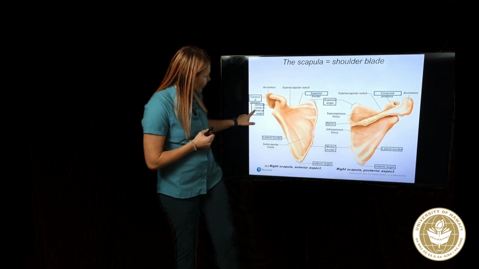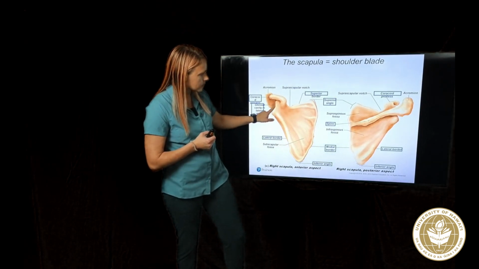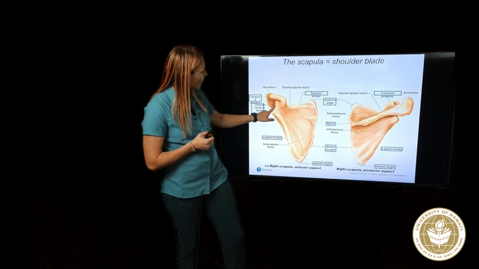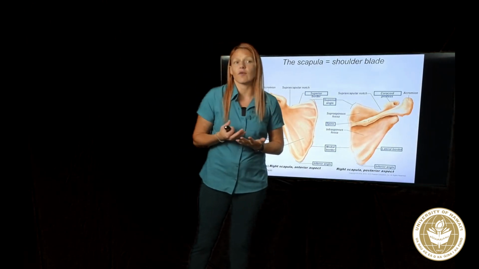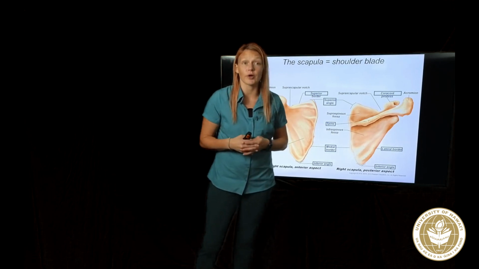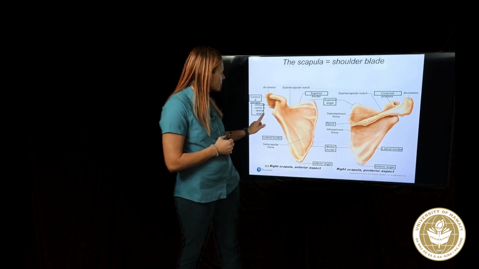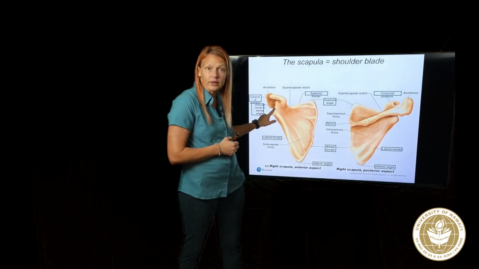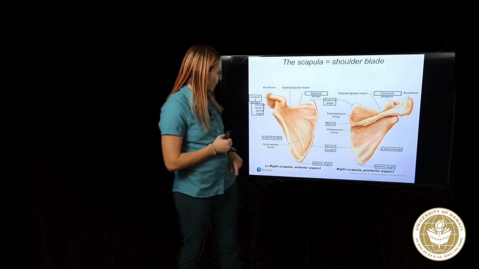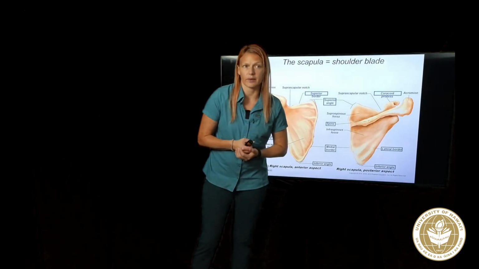So this glenoid cavity, this is showing you from the anterior aspect what that looks like. What the glenoid cavity is, it's going to articulate or join with the humerus of the arm. So the head of the humerus is going to attach to the scapula right here at the glenoid fossa. So that's that important articulation there.